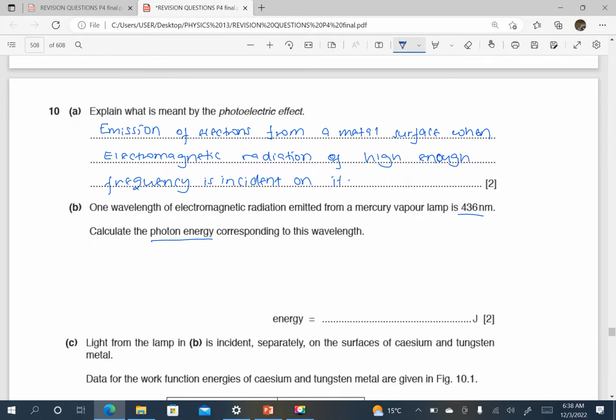Calculate the photon energy. Energy of a photon is equal to hc over lambda. h is 6.63 times 10 power negative 34, then 3 times 10 power 8, the speed of light, divided by the wavelength, which is 436 times 10 power negative 9, to change it to meters from nano to meters.